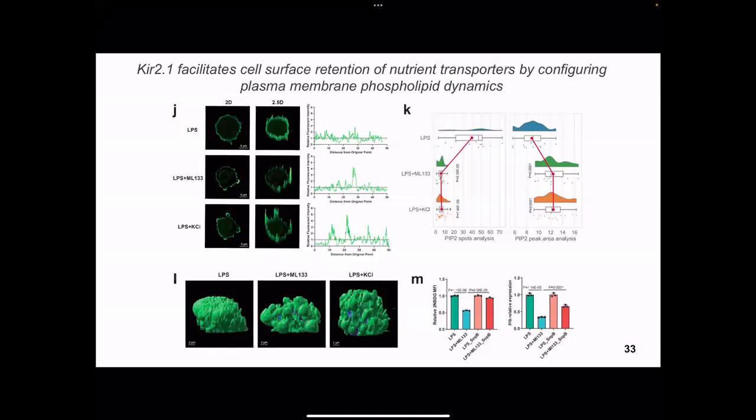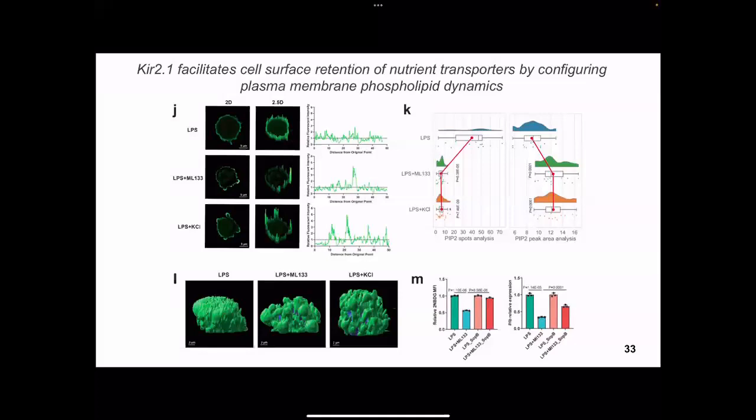In particular, PIP2 enrichment in plasma membrane microdomains plays a central role in membrane trafficking and endocytosis by triggering the plasma membrane invaginations and recruiting endocytic factors.